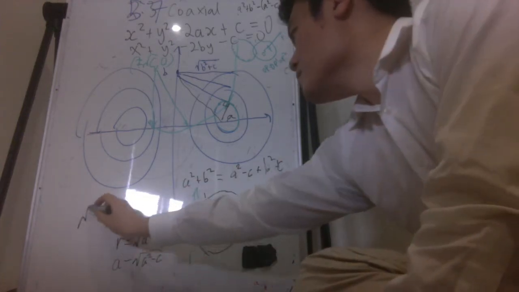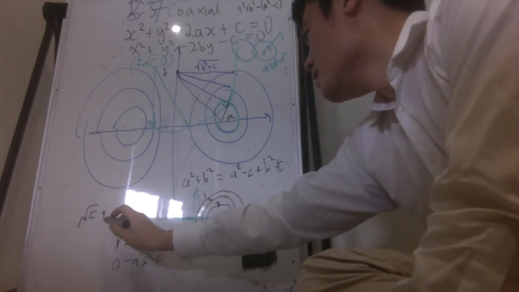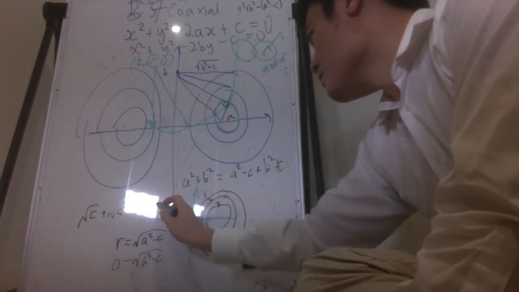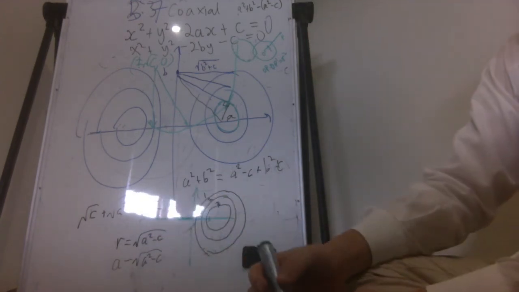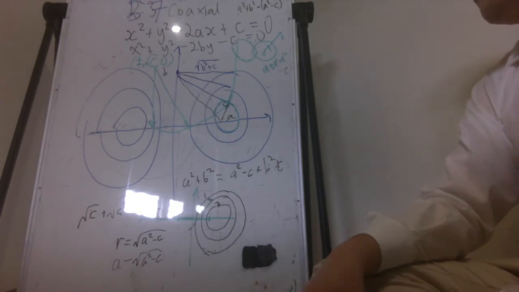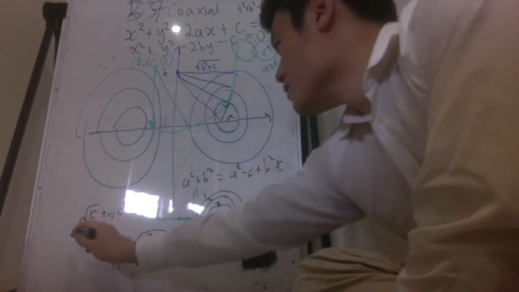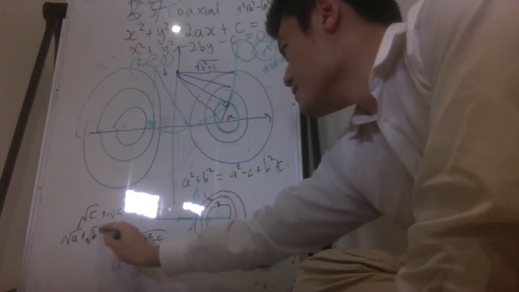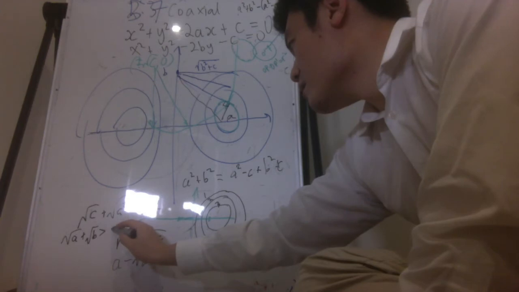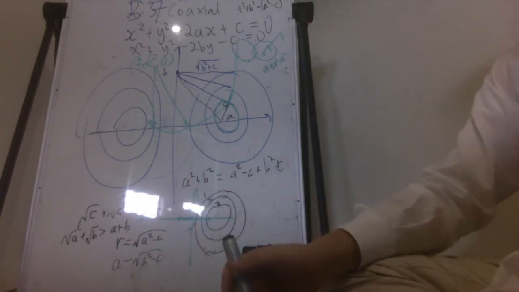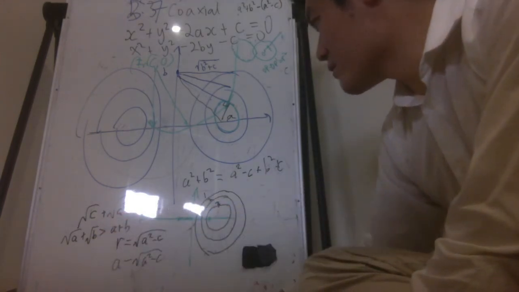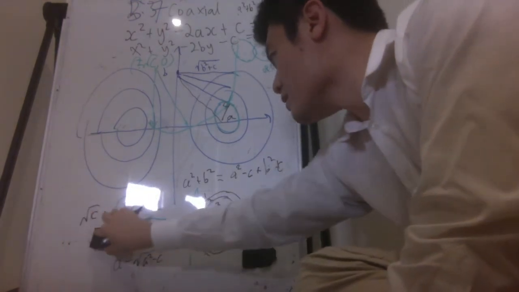Square root c plus... This is still b squared with the sum, yeah, positive. So it's like root a plus root b is greater than root a plus b. What are we going to say?